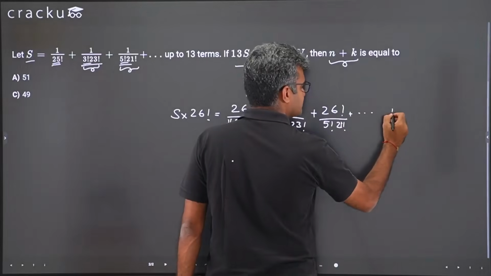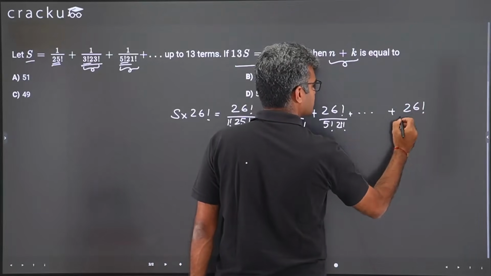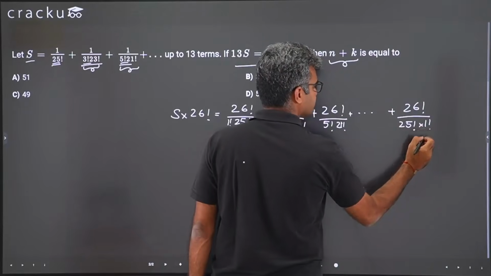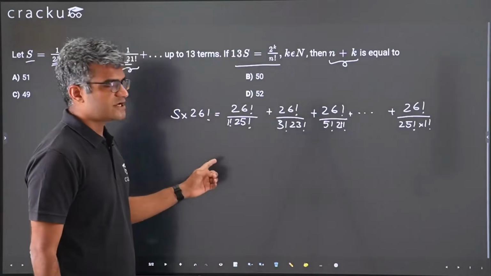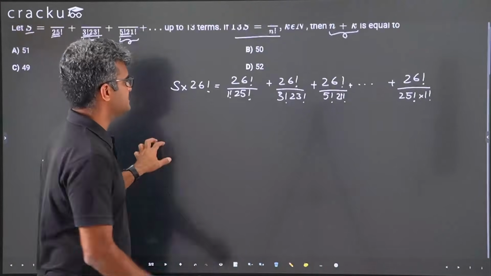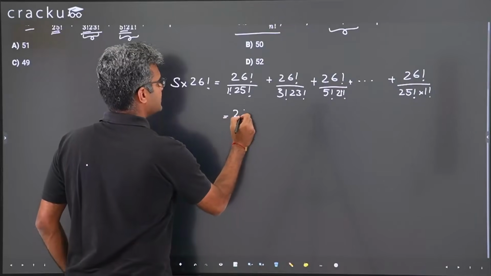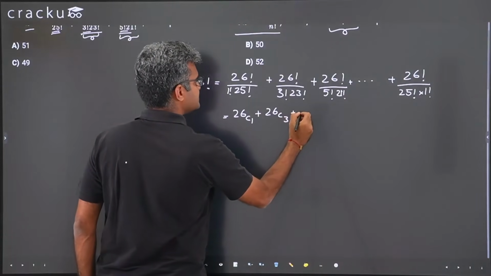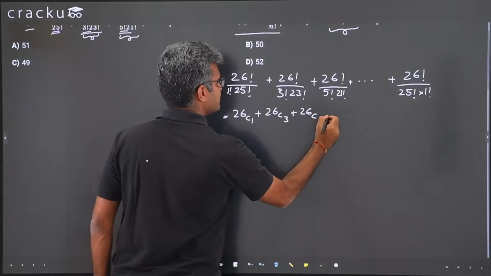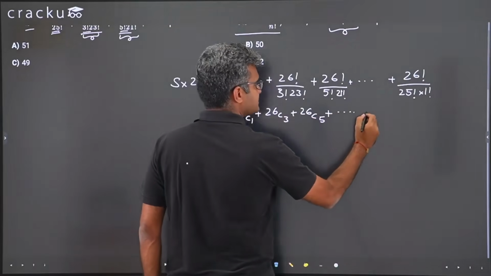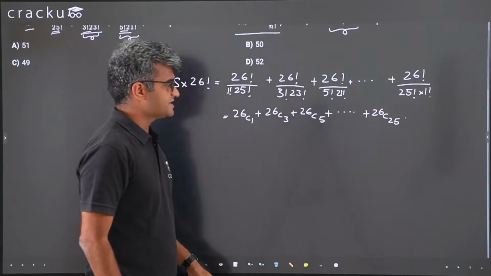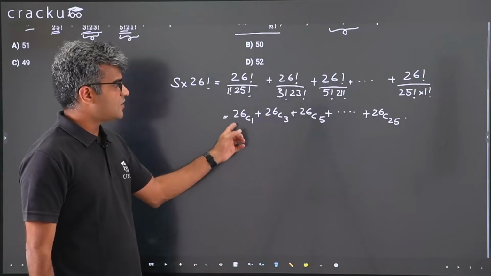The 13th term will be 26 factorial divided by 25 factorial into 1 factorial. This is the sum of the odd terms of a binomial expansion. That is, this is equal to 26c1 plus 26c3 plus 26c5 plus dot dot dot plus 26c25. In a binomial expansion, these are all the odd terms.